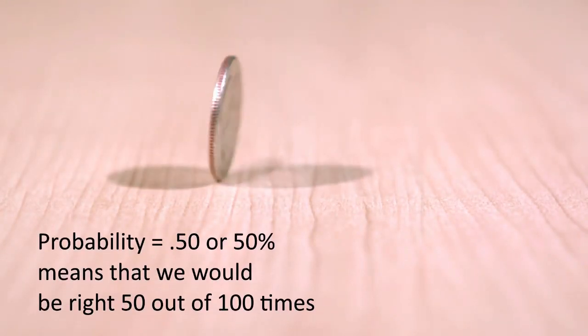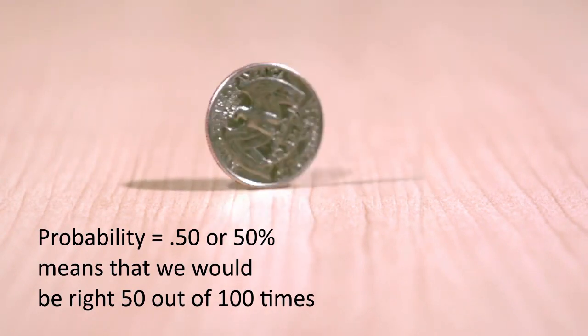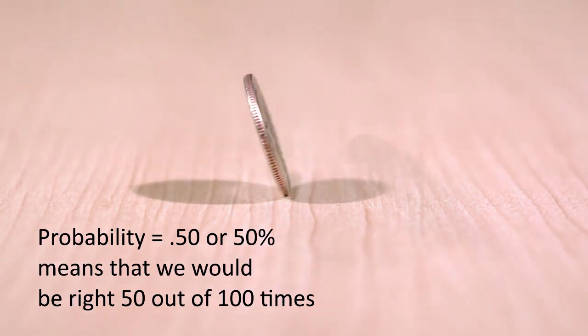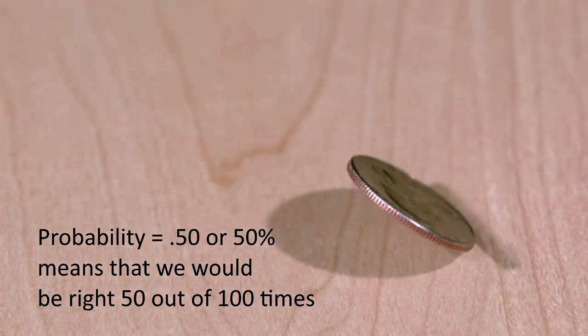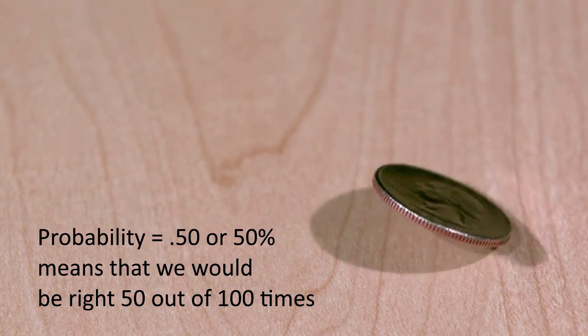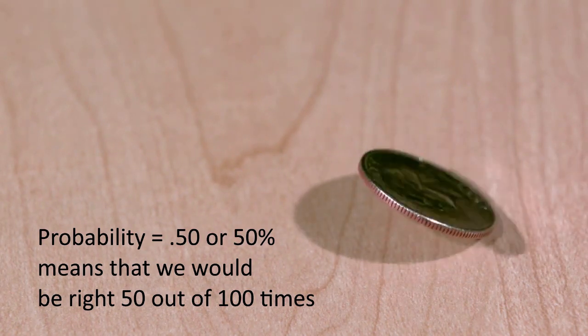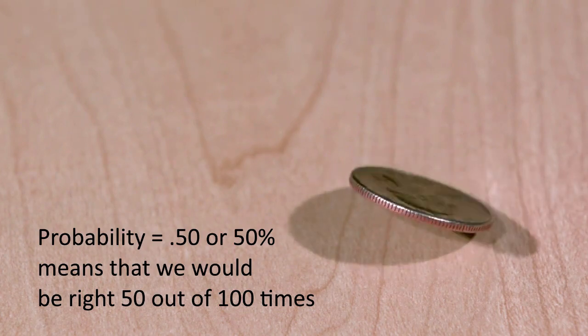We can all probably agree that a probability of 0.50 would certainly not give us enough confidence to reject the null hypothesis, because 0.50 or 50% means that we would be right 50 out of 100 times and wrong 50 out of 100 times, no better than making decisions based on the flip of a coin.